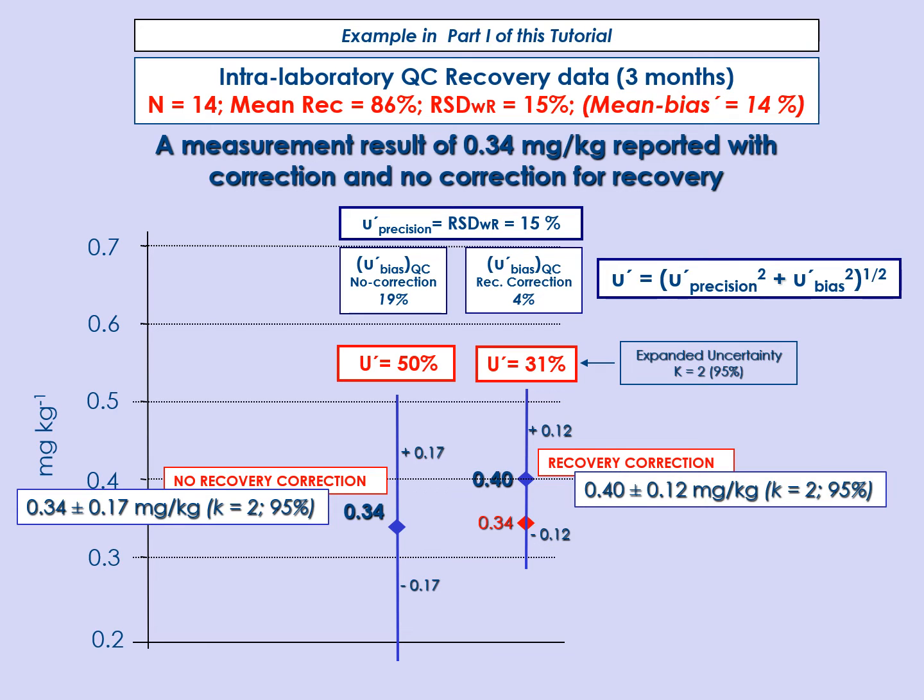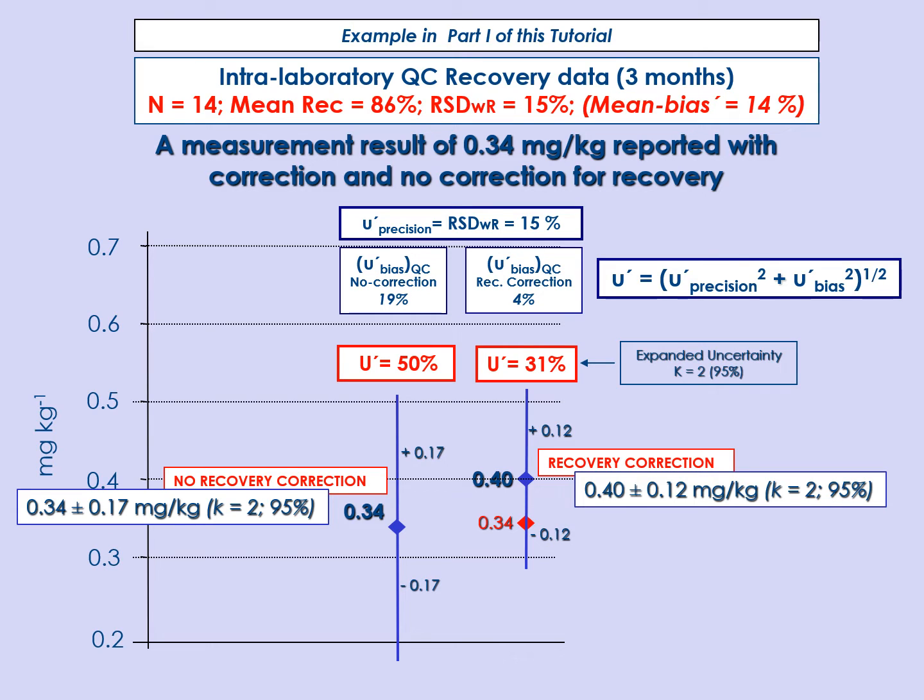If the result is reported uncorrected with the mean recovery factor, the estimated relative expanded uncertainty would be 50%, and the result would be reported as 0.34 plus minus 0.17 milligrams per kilogram. In the case where the result is reported after correction with the mean recovery factor, the estimated relative expanded uncertainty would be 31%, and the final result would be reported as 0.40 plus minus 0.12 milligrams per kilogram.